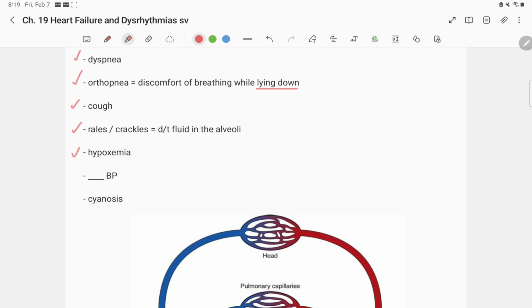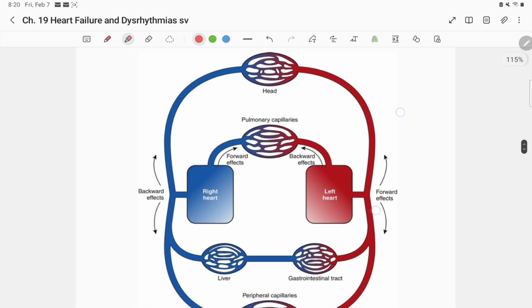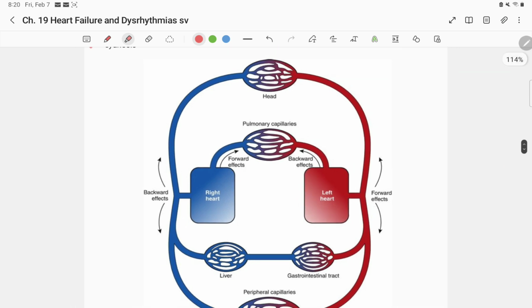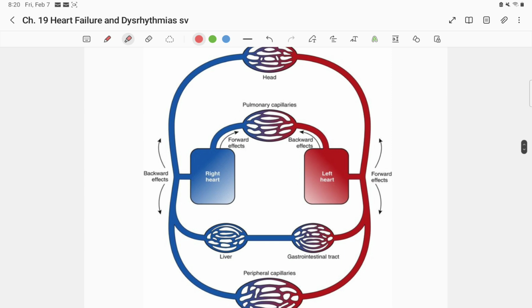Hypoxemia, or low oxygen levels, increased blood pressure, and the patient can present cyanotic, which is a pale bluish color. This diagram is showing what happens with forward effect versus backwards effect.